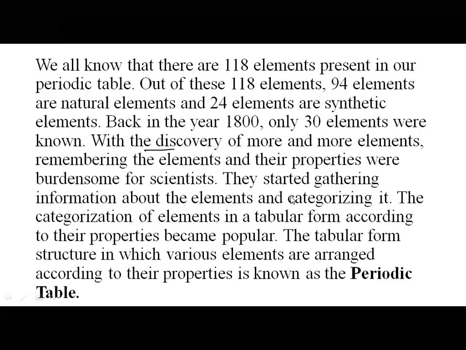There were categories made by different scientists in different ways. But when the categorization of elements was done in a tabular form according to their properties, it became very popular. The tabular structure in which various elements are arranged according to their properties is known as the periodic table. We'll see why this term periodic came.